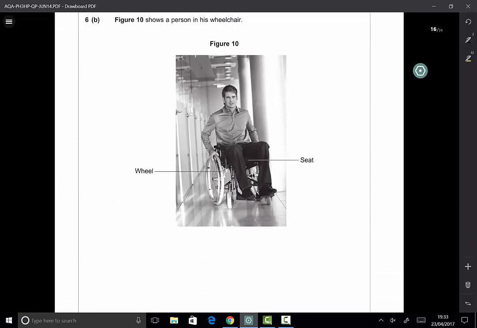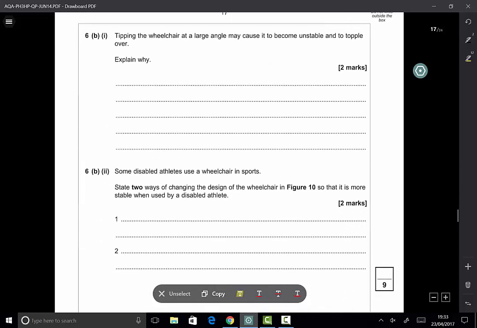Okay, there is a person in his wheelchair. Tipping the wheelchair at a large angle may cause it to become unstable and to topple over. Explain why. Okay, so the key 2 points for any answer that says, why does the thing topple over? The line of action of the weight is beyond the base.